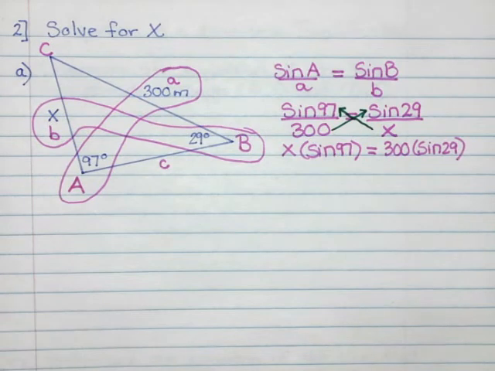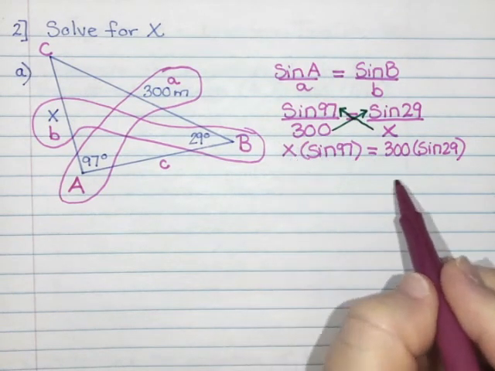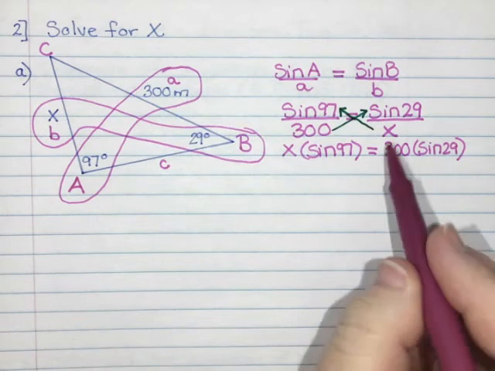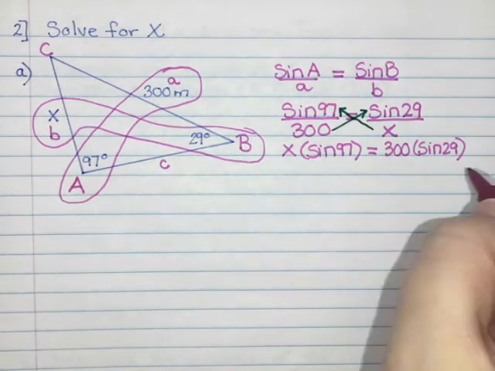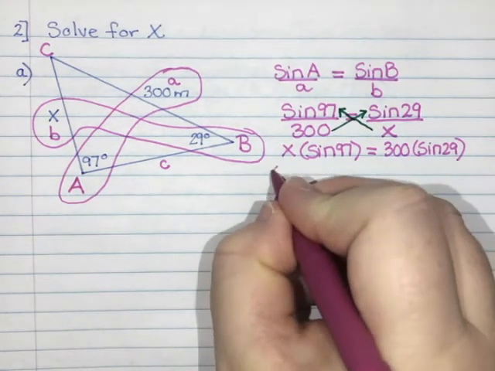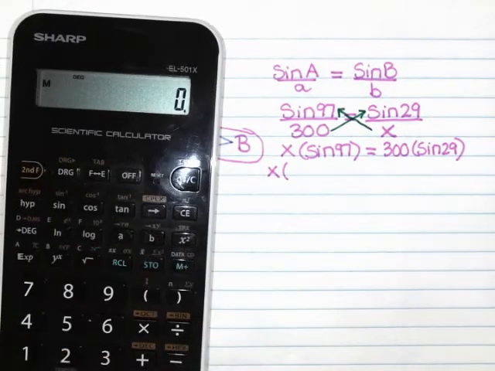Now from here, you have a choice to make. If you don't like decimals, you could take sine of 97 and divide it to the other side and then calculate that all in one step. But I am going to actually work out what these things are and then rearrange with the decimals. So I'm going to start by working out sine of 97.